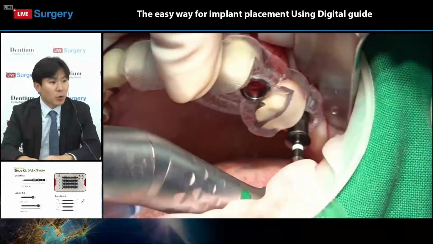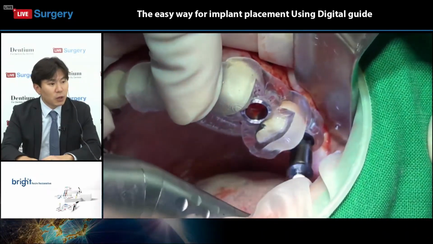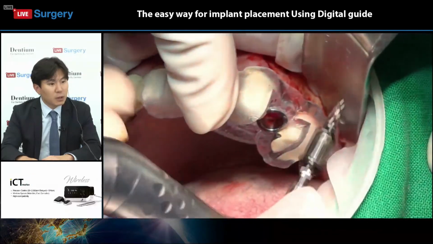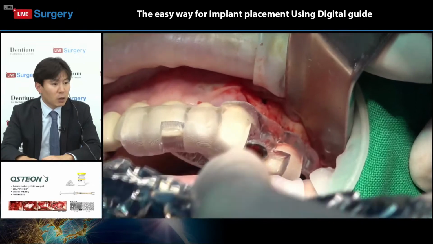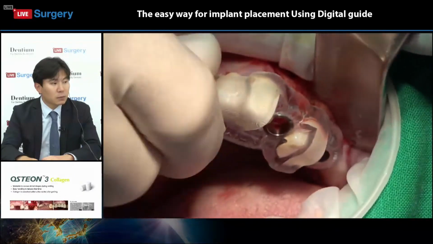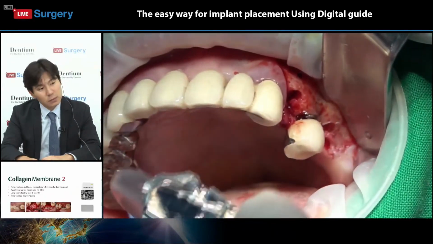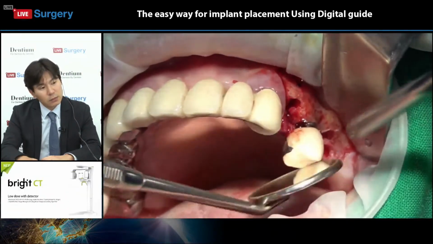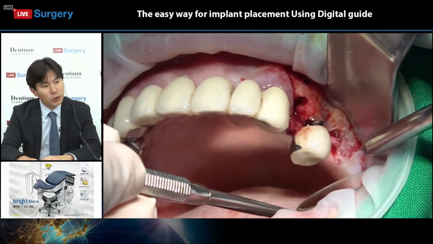After flattening the bone surface, he's starting to make the osteotomy. He's checking the position.